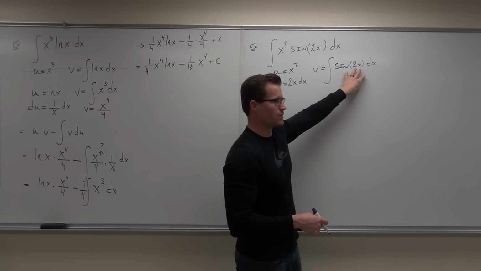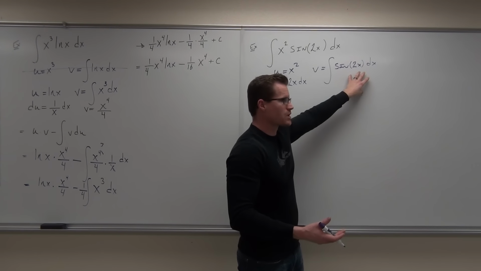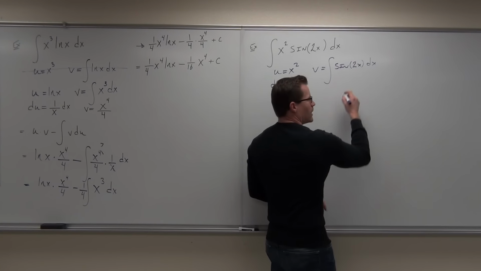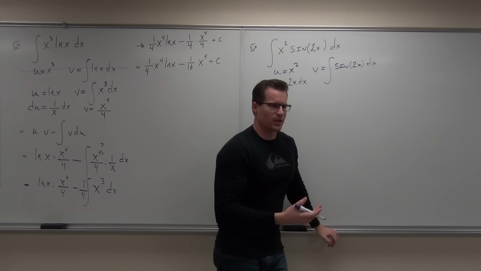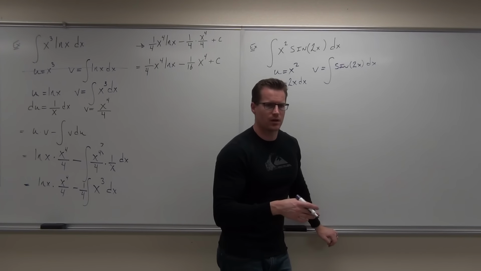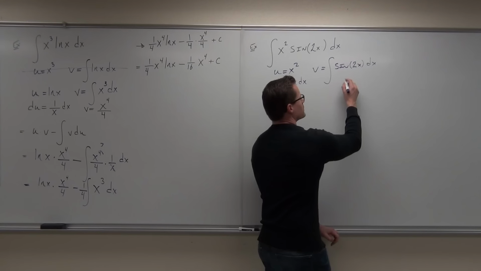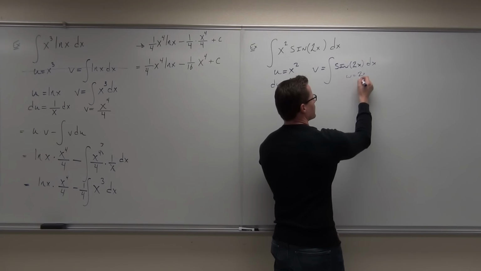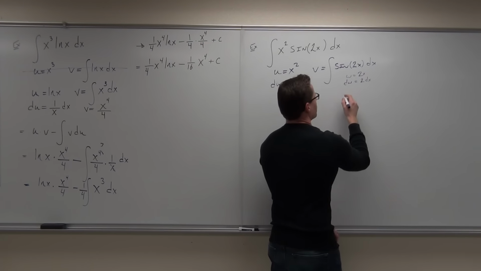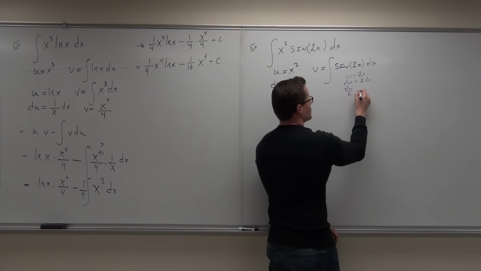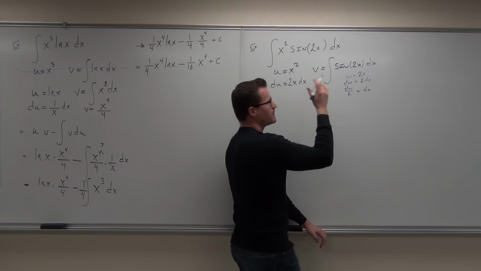Can you do this integral? Yeah. You might have a u substitution in there. If you do a simple u sub, I wouldn't pick u because you already have a u. I'd pick a w or whatever you want, anything besides x, v, and u right now. So if you picked w equals 2x, dw equals 2 dx, dw over 2 equals dx. And then do your substitution.